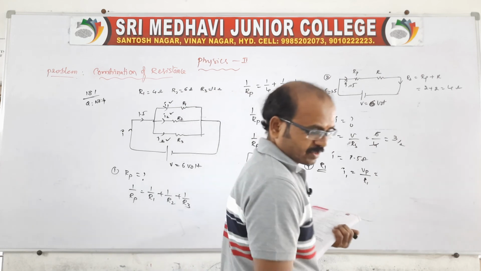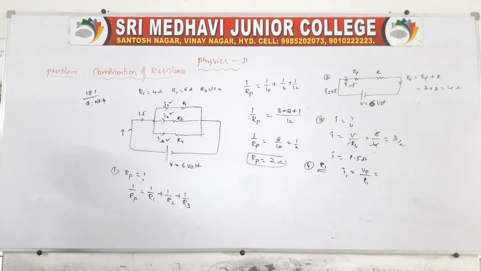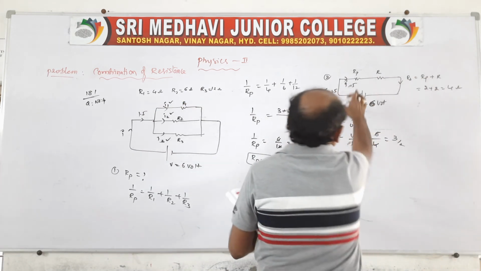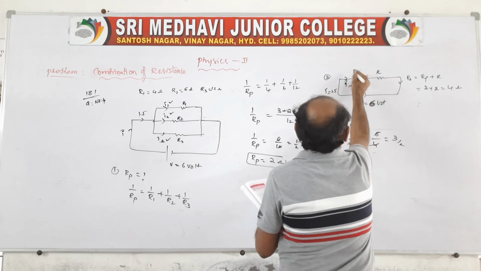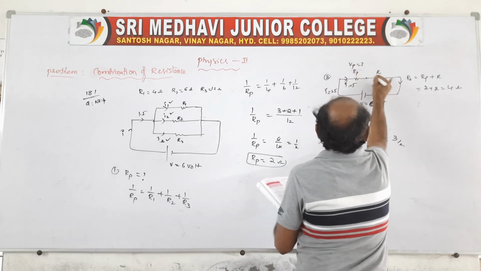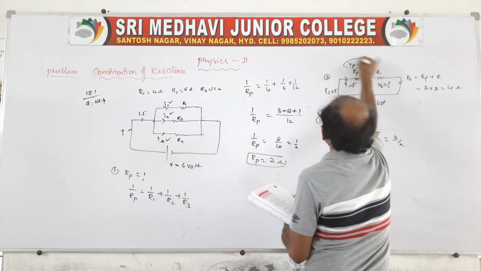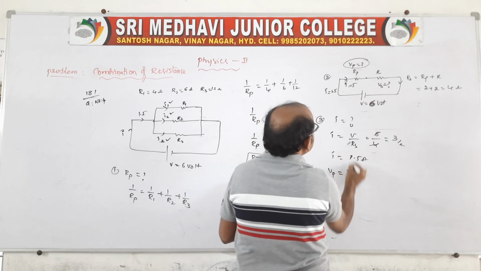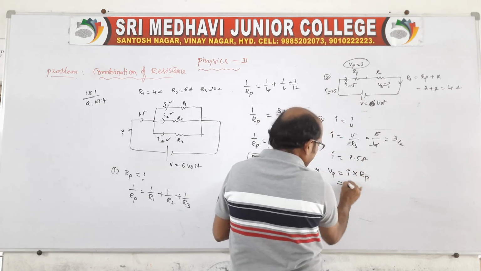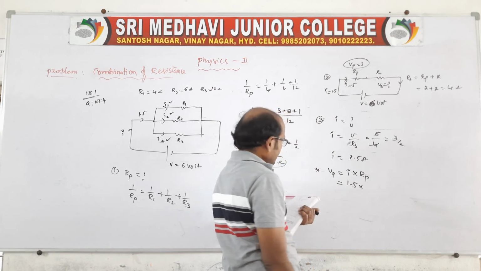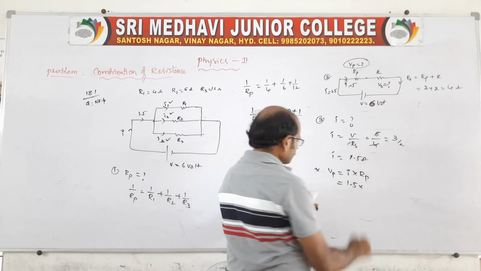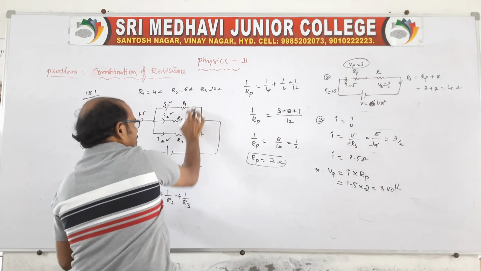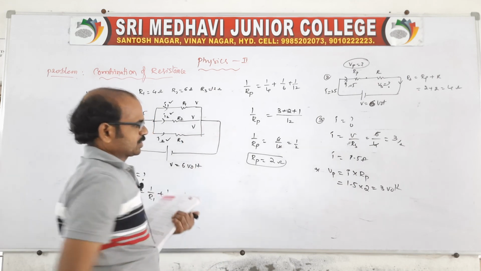So you do one thing. First of all, we need to get the potential difference, because we don't know how much is across this. This is in series, so we should get Vp and Vs. If I know Vp, since Vp is the same for all, Vp is equal to I into Rp. I is 1.5 and Rp is 2, so it is 3 volt across this.